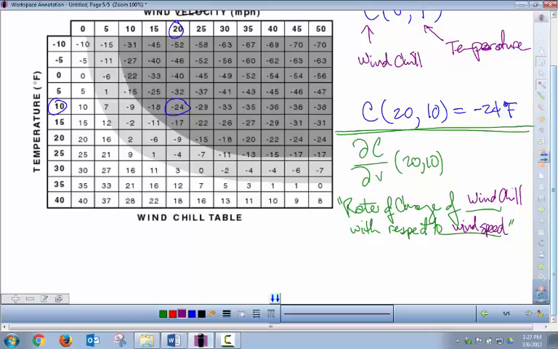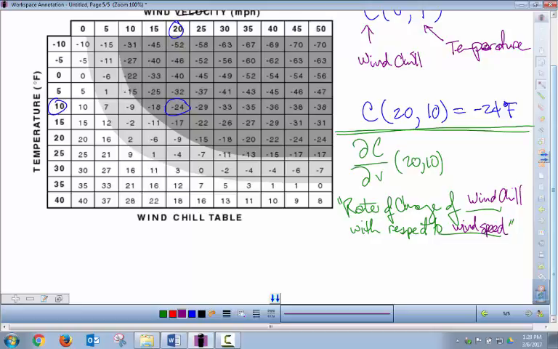So what we're saying here is that if you go outside right now and it's 10 degrees outside and the wind is blowing 20 miles per hour and you're standing there freezing, right? And then all of a sudden the wind starts blowing a little faster, so you're going to get colder. The wind blows 20 miles per hour, and then now it starts to blow 25 miles per hour.